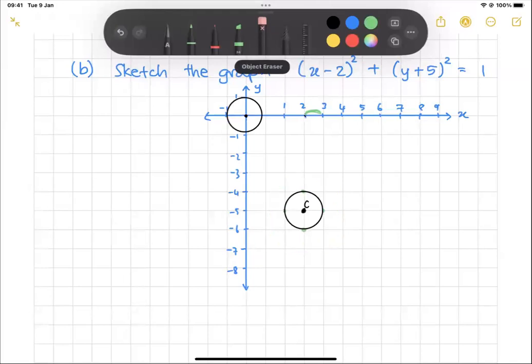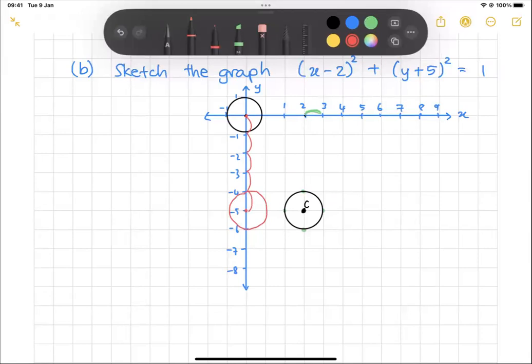So what I'm going to do is look at the center of my original one right here, and I'm going to count how many jumps I would need to do to get to here. So I'll go 1, 2, 3, 4, 5, right? That will lead me to this type of circle here.